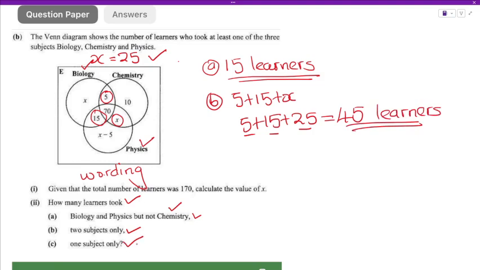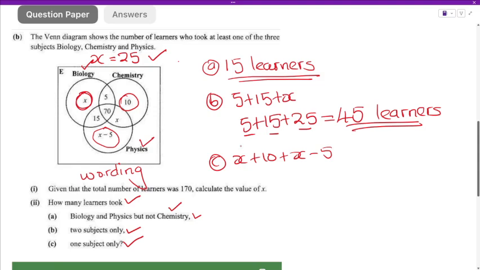One subject only. Which regions are for those who are taking one subject only? It is these guys here. Let me erase these other ones. So we have these guys here, these ones there, and those guys there. Those are the only ones taking one subject. So we're going to say x plus 10 plus x minus 5. Pick the values together with their signs. This 5 is negative, that's why I'm saying minus 5.